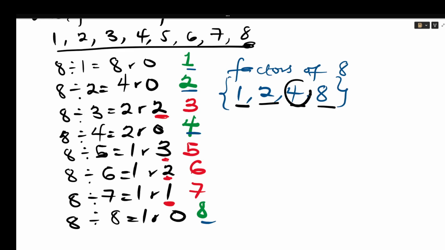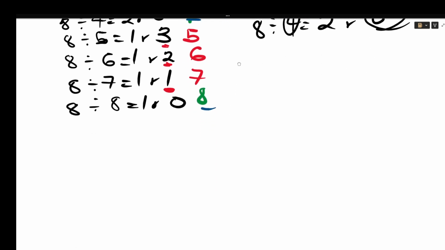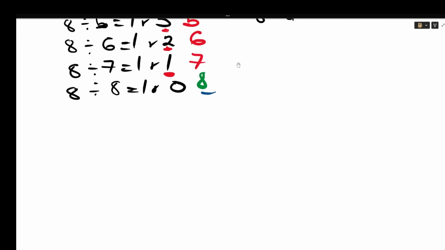So for example, if I pick 4, 8 divided by 4 is 2, remainder 0. You could see that there was no remainder left, therefore 4 is a factor of 8. Now, one thing we can identify from this: we are still on number 8.